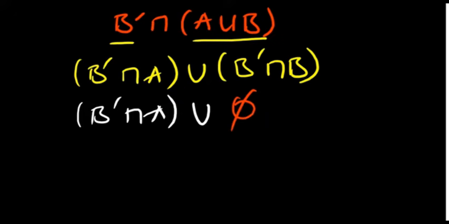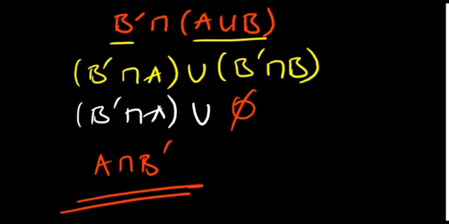Therefore we have A intersection B complement as our solution, which is also A minus B. Or we can just say B complement intersection A. That is our solution.